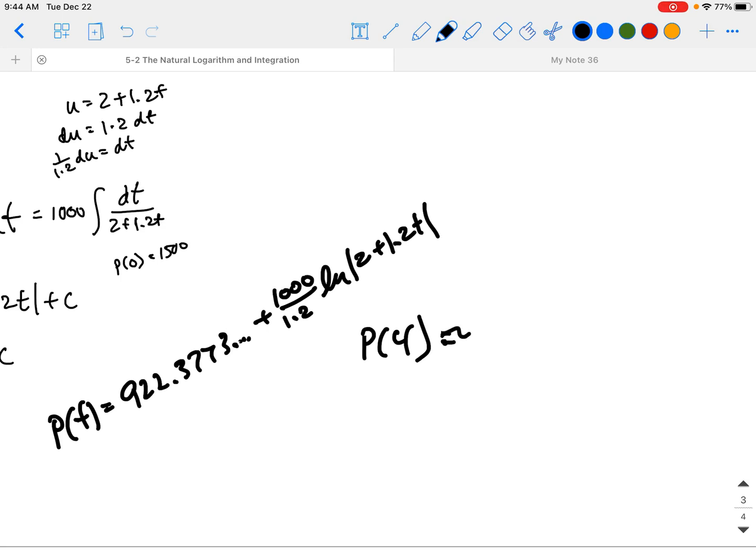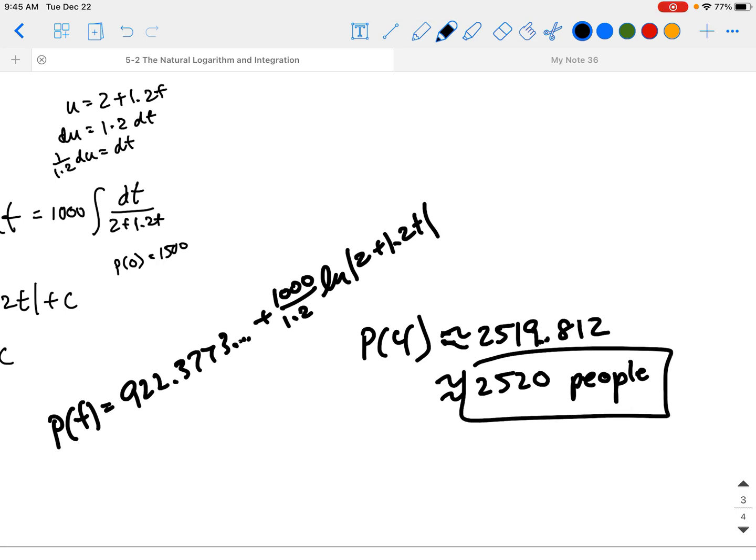So we're going to get approximately 2,519.812. So we could say approximately 2,520 people if we're rounding up to the nearest value, or 2,519 would also be fine. So in this case, I'll just round up.